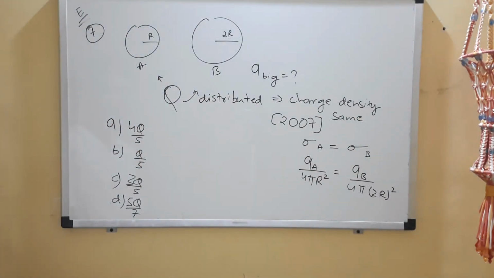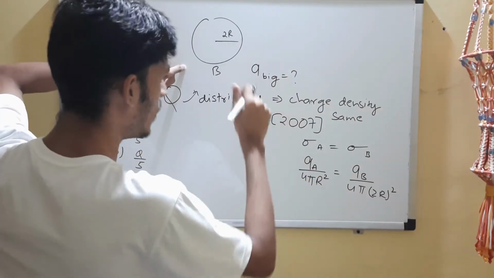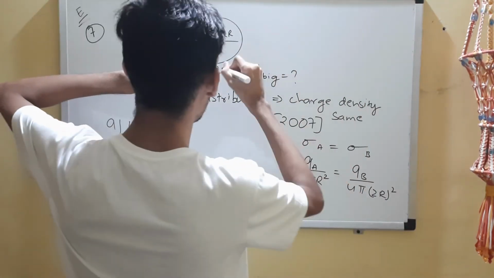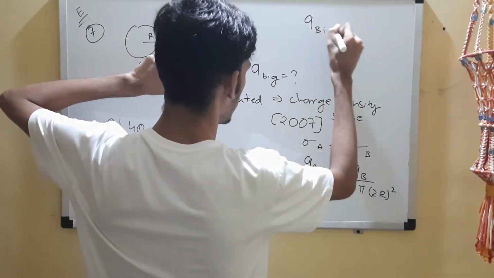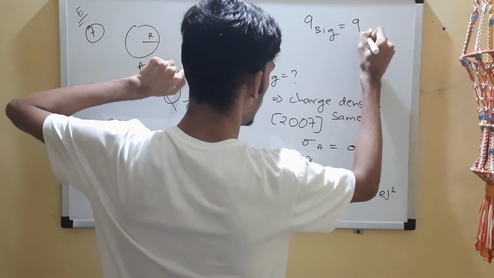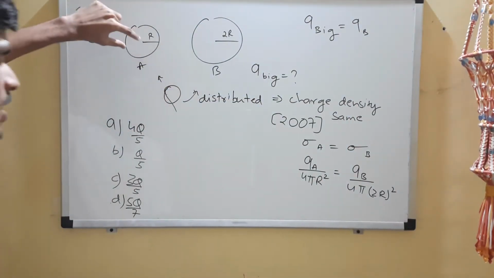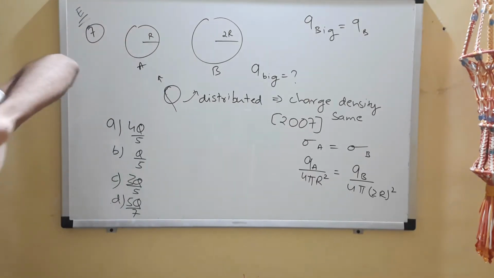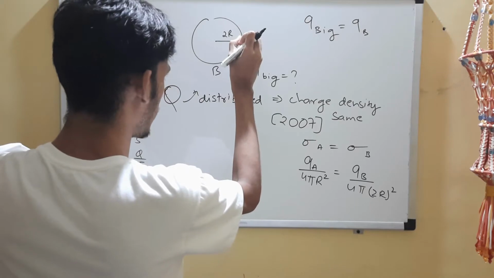Now I will use charge conservation over here. Let's suppose that the charge on the bigger one, let's write it as QB. Okay, the charge on B, the big one, is nothing but QB. We have considered that over here. Now can we express this QA in terms of QB? We can. You can see that this charge Q was distributed among these two, right?